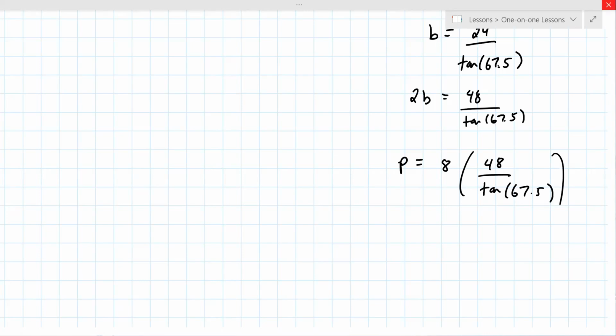Okay, so down here, the apothem: 1/2 times 24 times 8 times 48 over tangent 67.5, minus pi times 18 squared. So we can throw all that into the calculator, I guess. 48 divided by tangent.